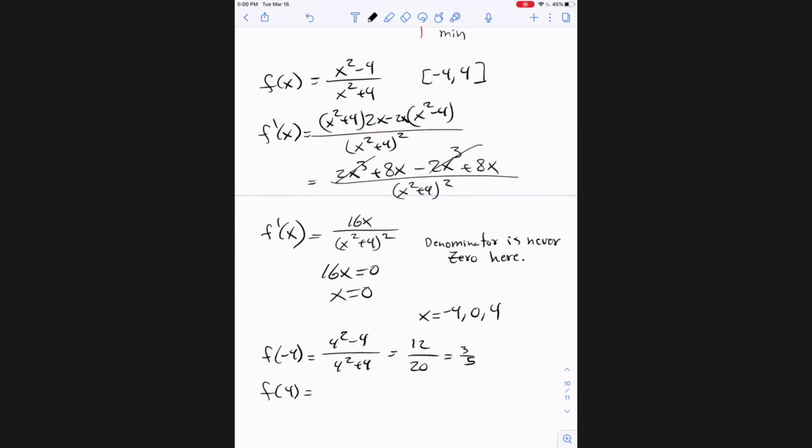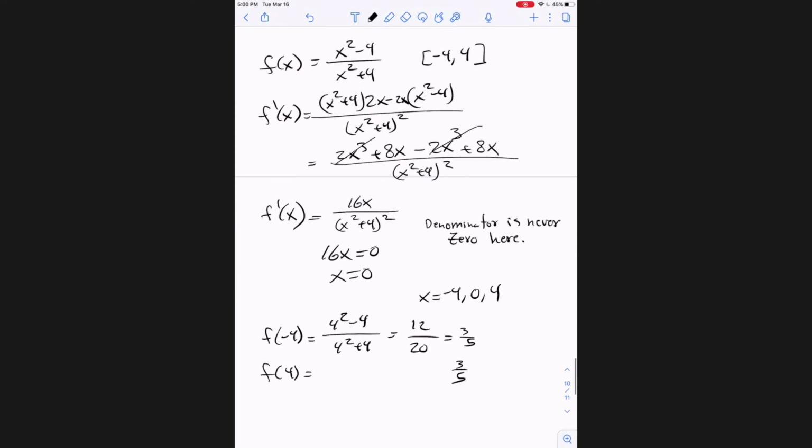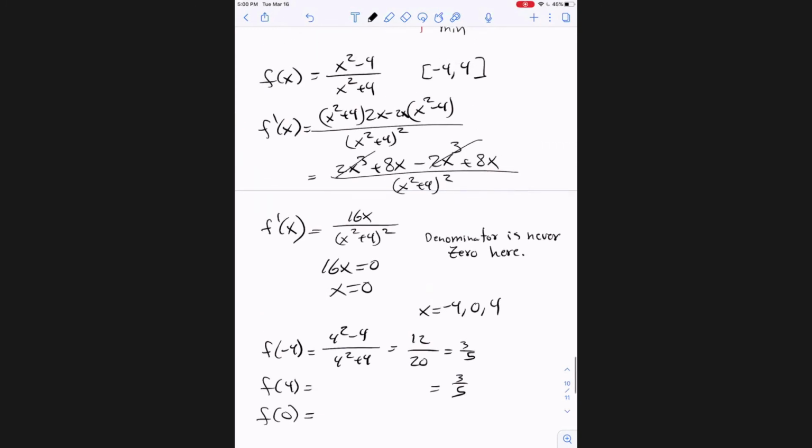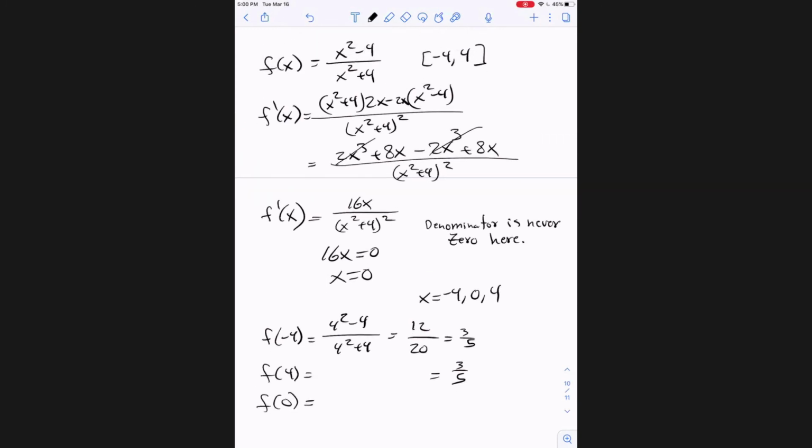Because you're squaring them, 3/5. And then f of 0, remember, you're plugging it into the original, not the derivative. You get 0 plus 0 minus 4 over 0 plus 4, so you get -1.